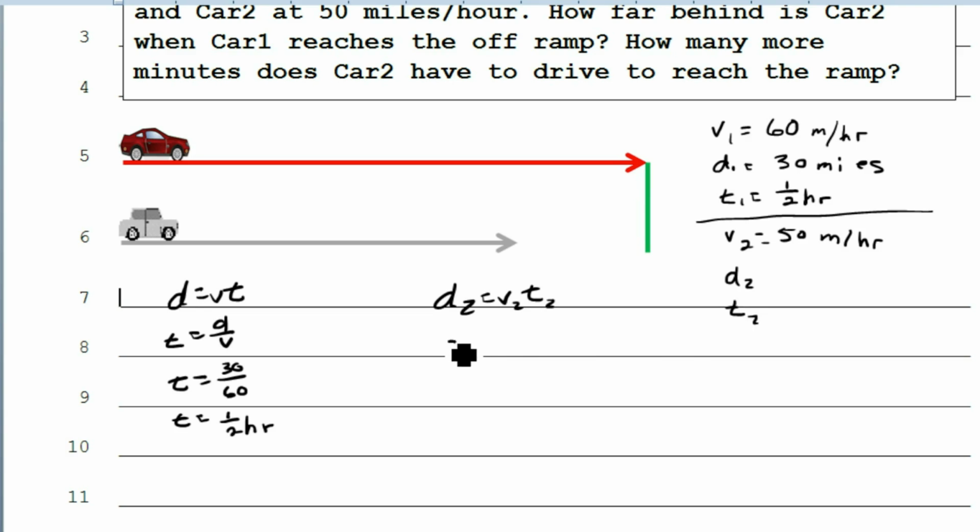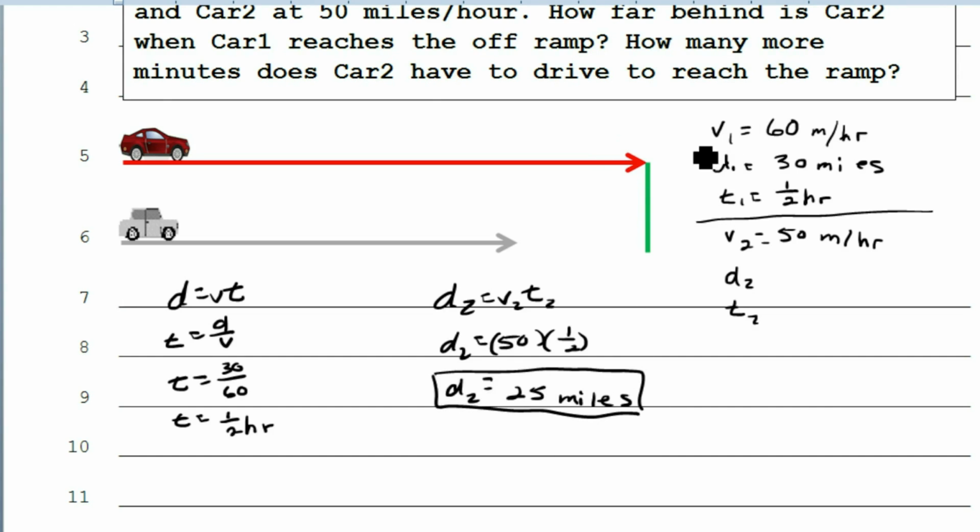So D2 equals 50, it's going 50 miles per hour, and in 1/2 hour, D2 will equal 25 miles. So car 2 is at 25 miles, and it's 5 miles behind. How far behind is it? 5 miles.